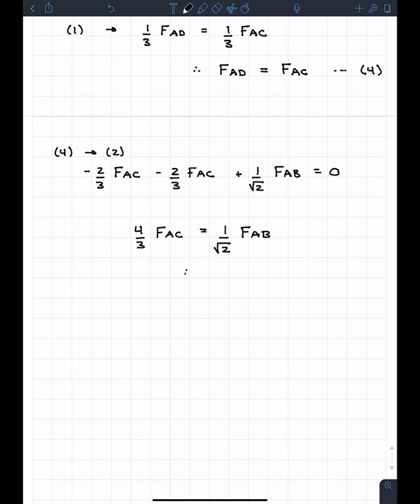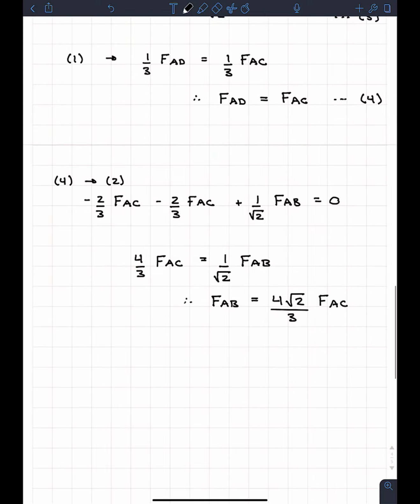So therefore, FAB is equal to 4 root 2 over 3 FAC. So now I have FAB in terms of FAC, and I have FAD in terms of FAC.